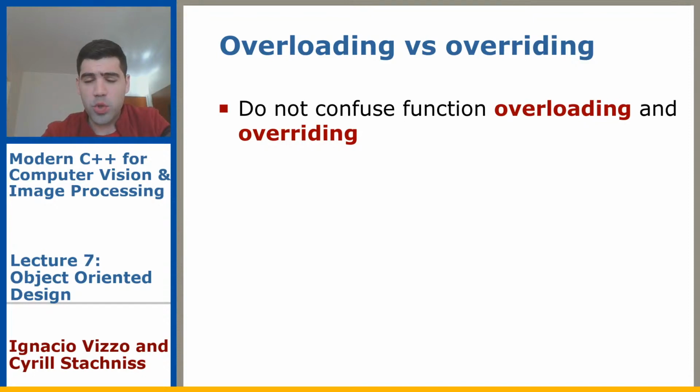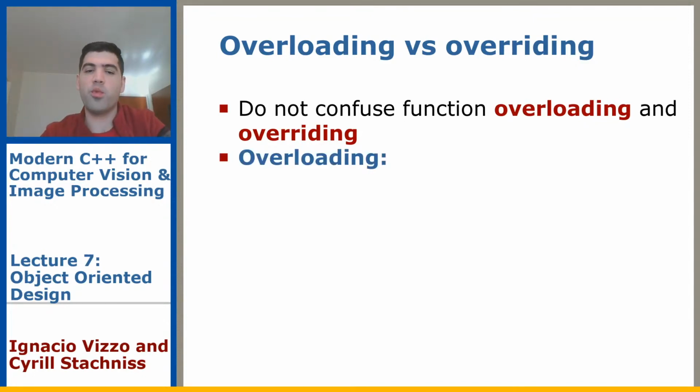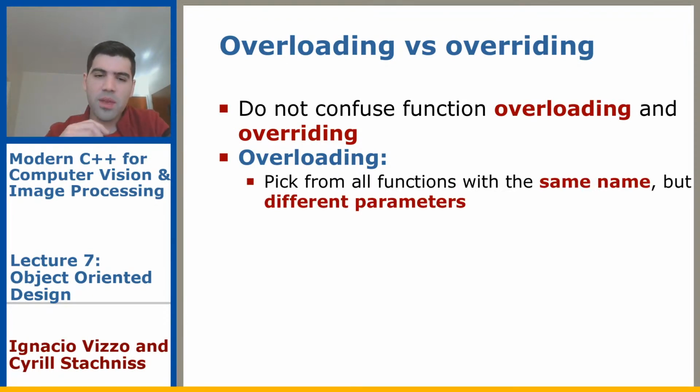One warning is to not confuse function overloading with overriding. Remember when we did overloading a few lectures ago, we were basically picking from all functions with the same name but different parameters. For example, the sum function: you can sum 2 integers, 2 floating points, 3, I don't know, bytes, whatever, and you can have the same name but with different parameters.